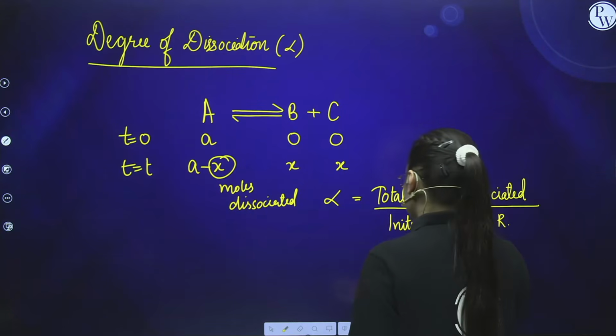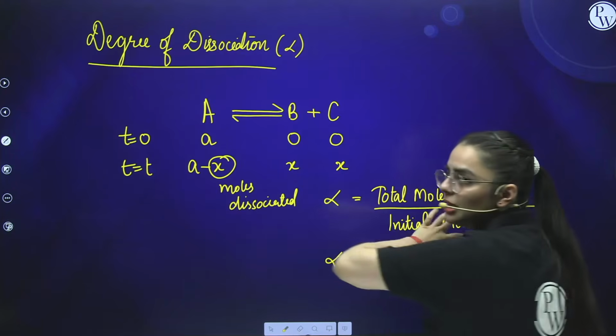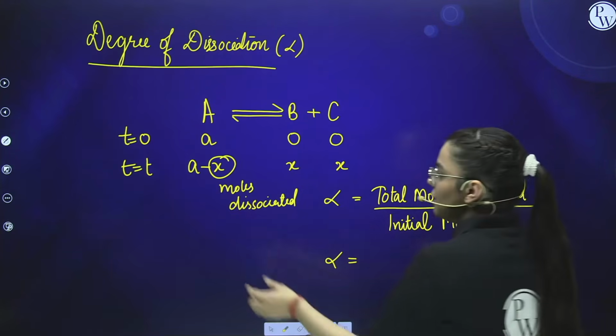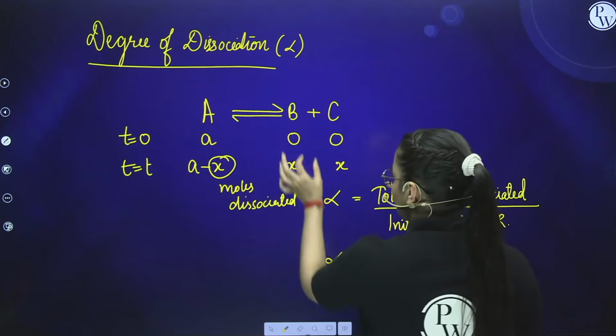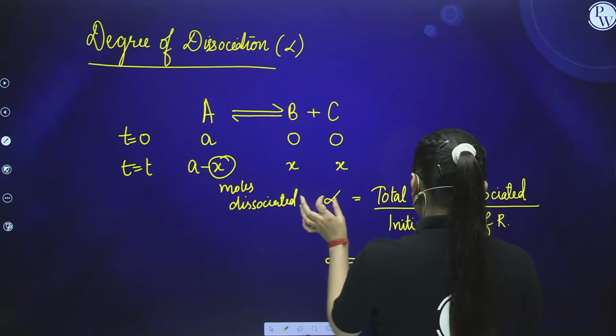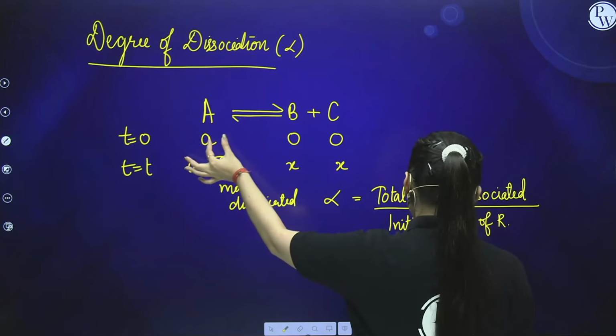So if I have to calculate alpha over here, the total moles is going to be the moles at time t, so I'm going to add all of them. Now at time t, reactant is A minus X, plus B is X and C is also X, divided by the initial moles of the reactant. What were the initial moles? A was the initial moles.